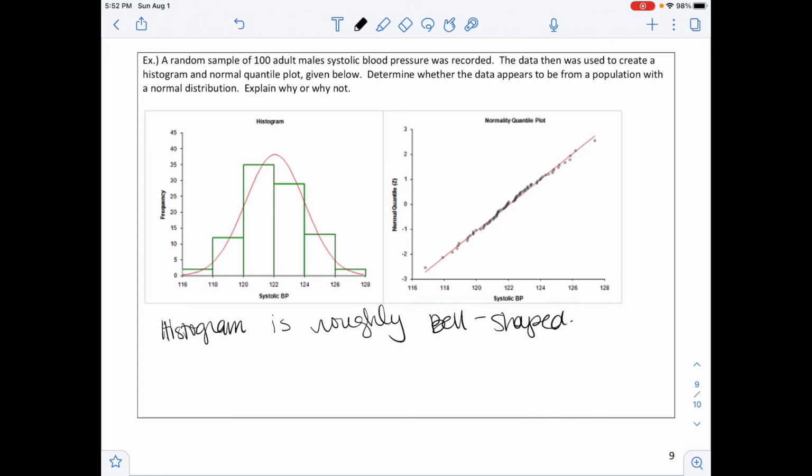2 is going to be looking for outliers, and we can say that doesn't seem to be any outliers. Outliers, like we've seen before in our past chapter notes on a histogram, are usually represented by something far off here, like another bar, and we don't have anything like that on the left or the right sides of this graph, so we can say does not appear to have any outliers.